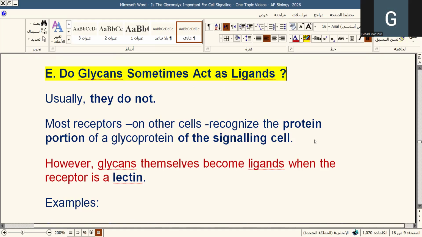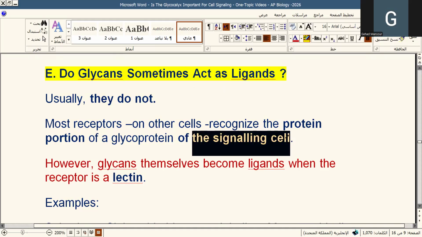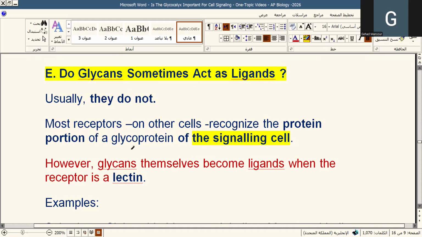Usually the glycan portion of the glycoprotein does not act as a ligand, and most receptors on the other cells will recognize the protein portion of a glycoprotein of the signaling cell. Meaning that if you have a signaling cell with a glycoprotein on top, the receptors on the neighboring cells will recognize the protein portion.